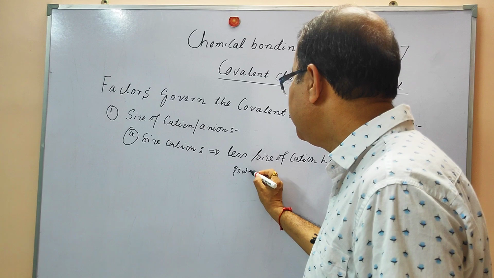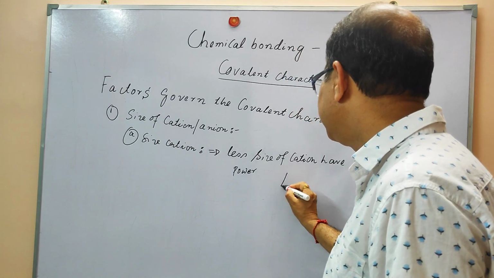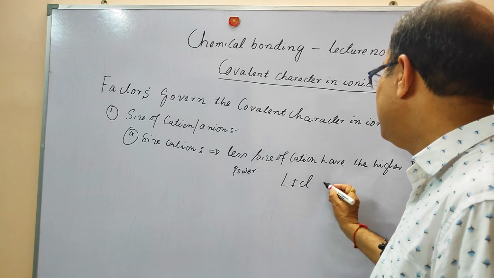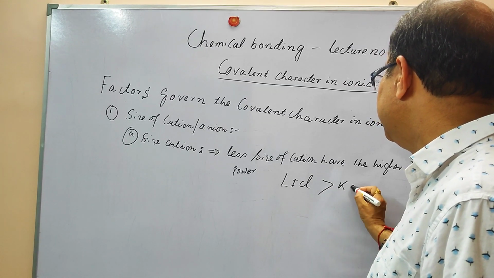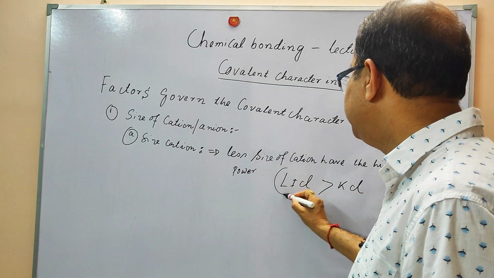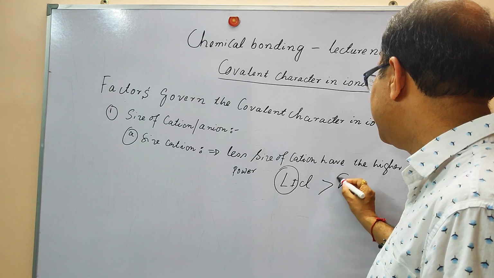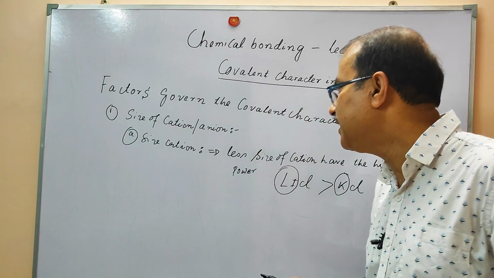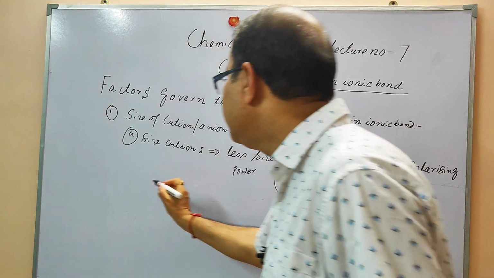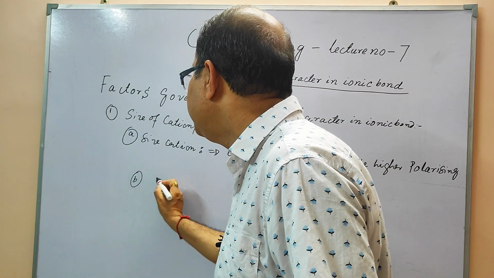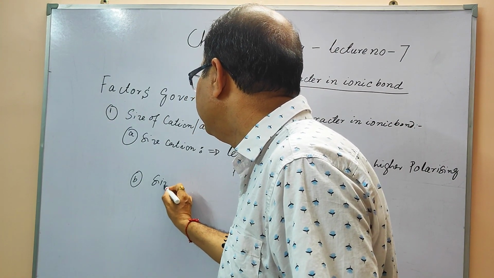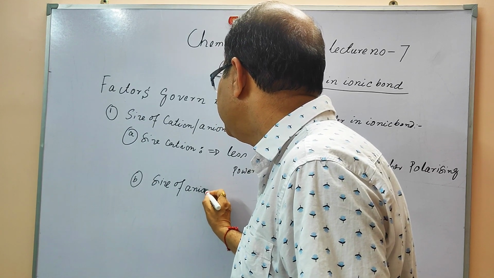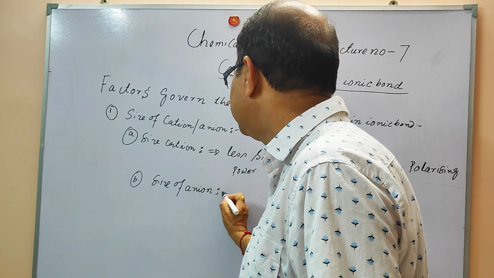As an example, LiCl has much more covalent character than KCl, because lithium has a smaller size than potassium, and that is why it has higher covalent character. The second thing is the size of the anion, which also influences this. Let us first understand.